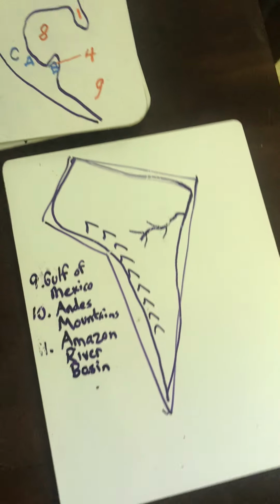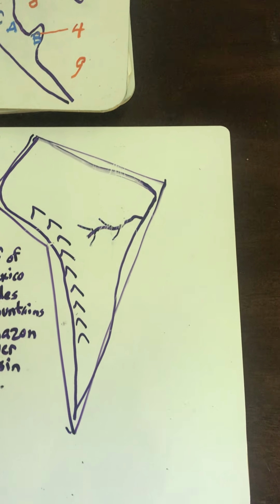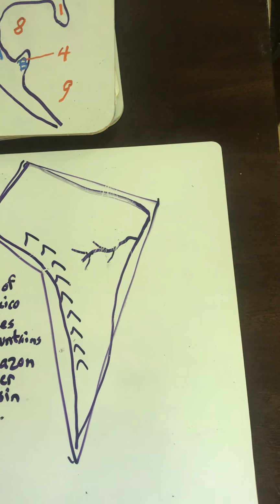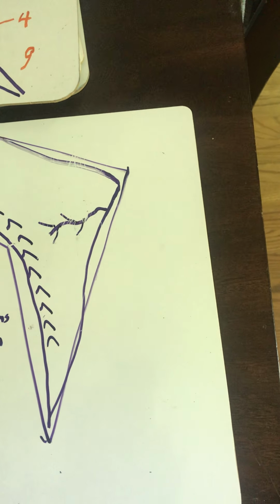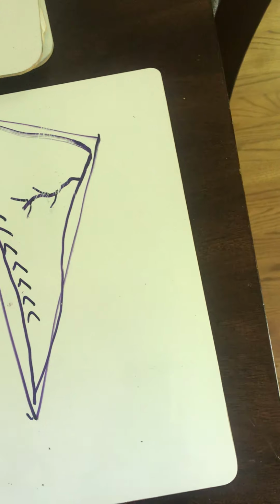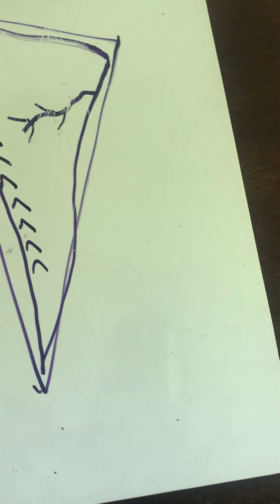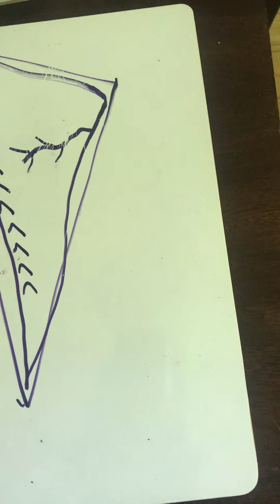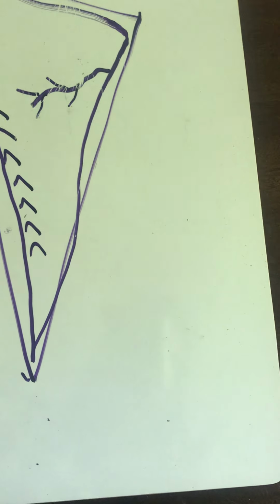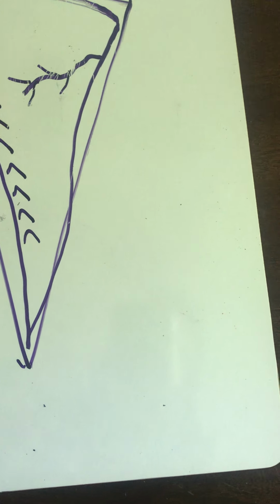Now we're going to add some geographic features. We've got the Gulf of Mexico. We don't have the Gulf of Mexico, Mr. Price. Gee, what are you trying to teach these kids? Erase. But we do have the Caribbean Sea. It is also correct to say Caribbean. They are both correct.